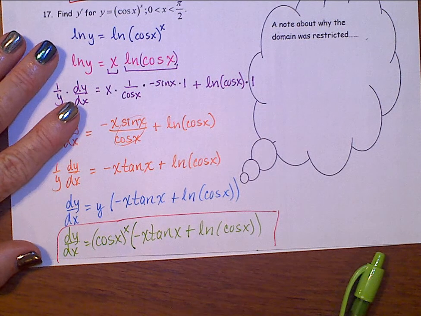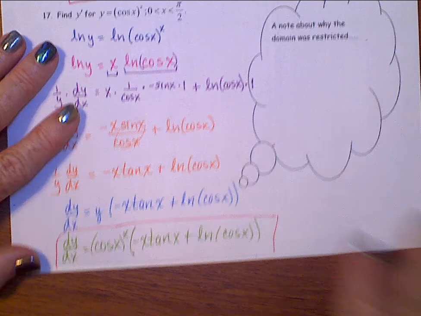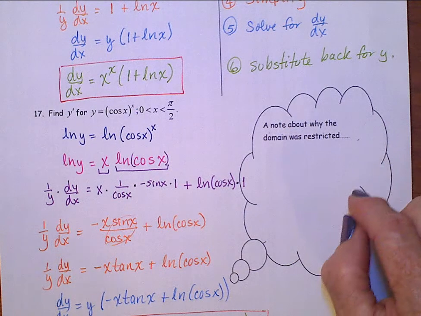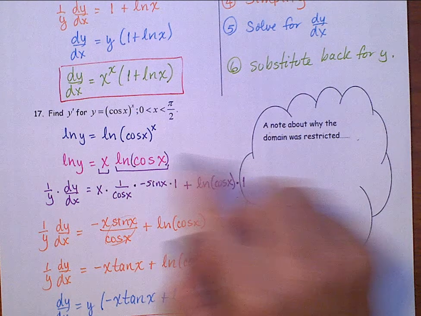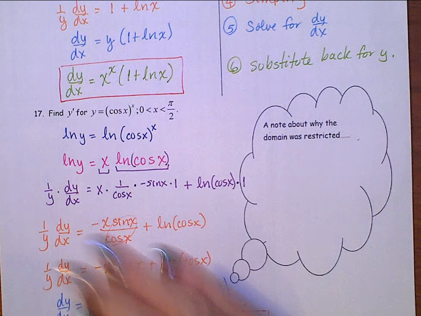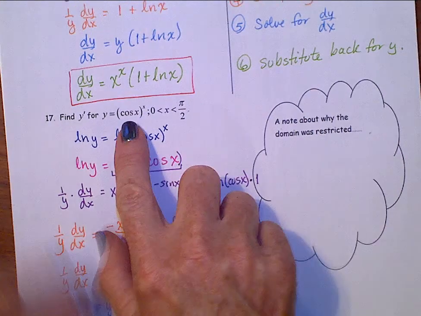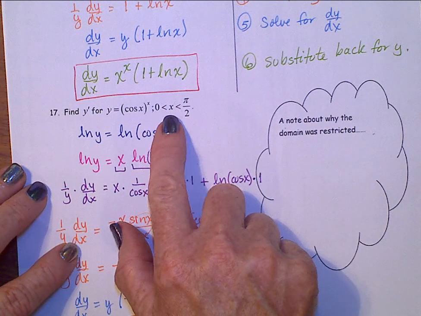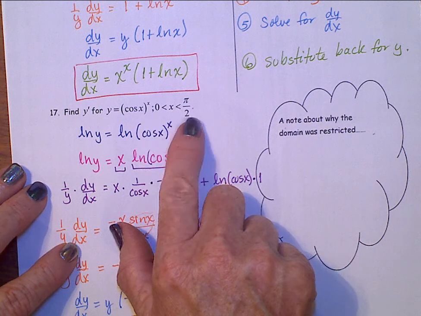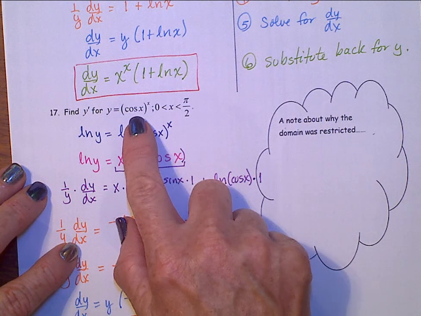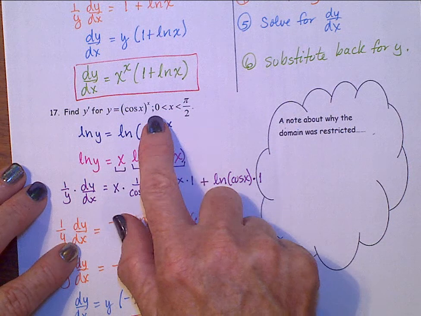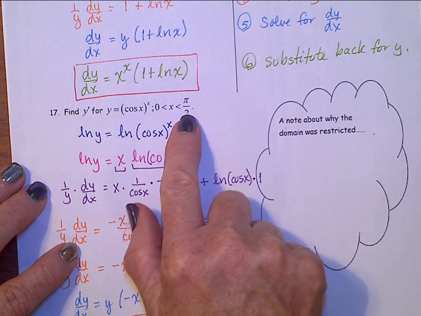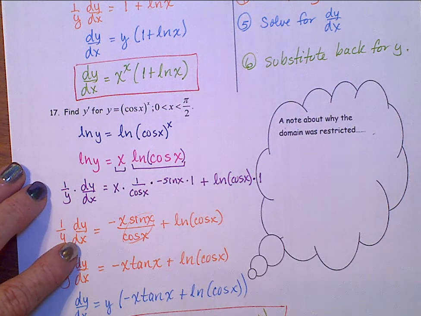All right. One more thing to talk about here, and I kind of put this cloud over here, and I didn't mention it initially because I didn't want to mess around with it, but I needed to deal with this right here. We have to talk about why this restricted domain is on here. Why does x actually have to be between 0 and pi over 2? I need you to remember back to your pre-calculus.